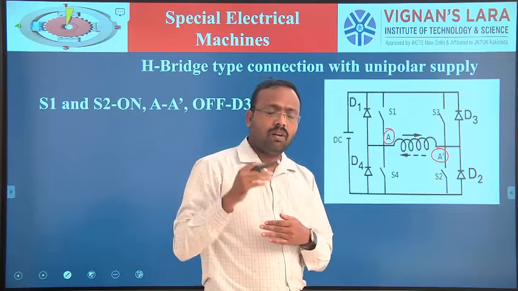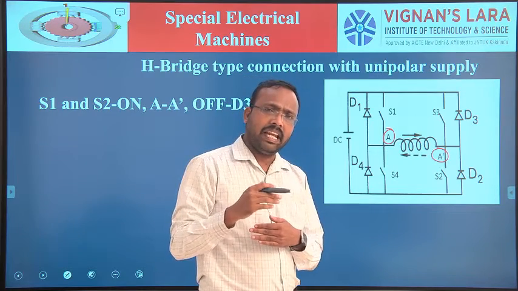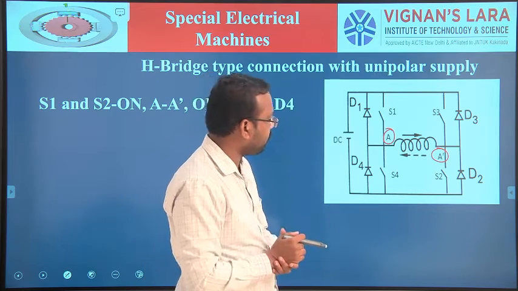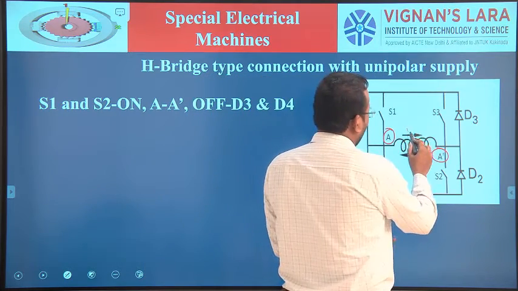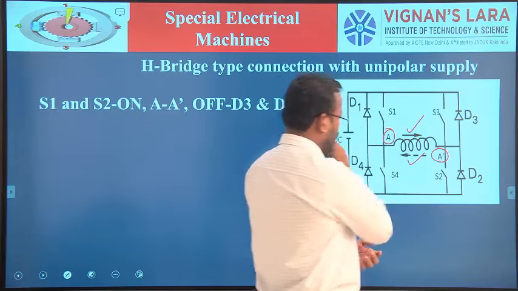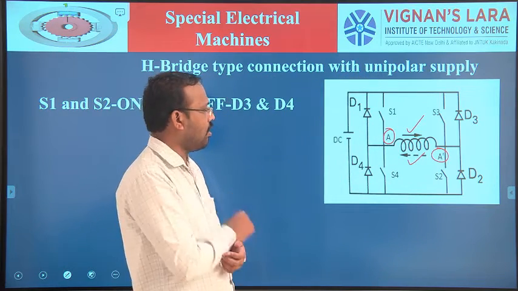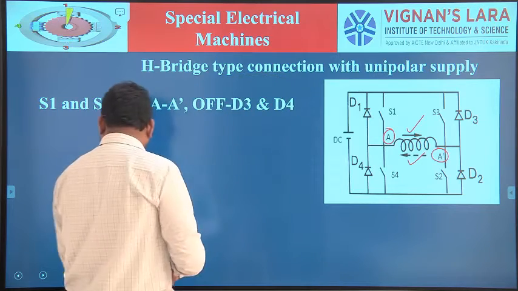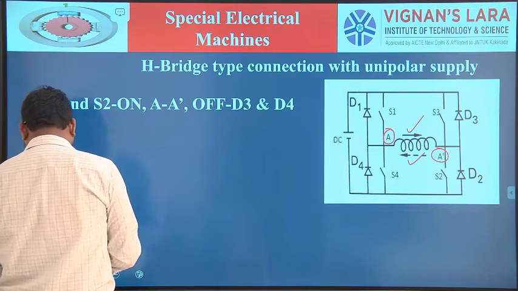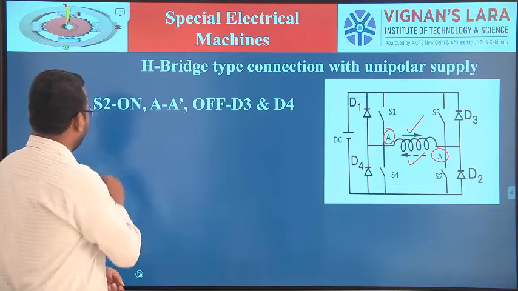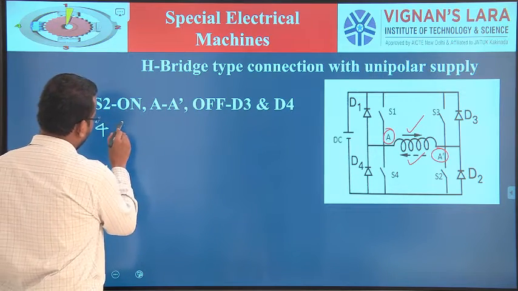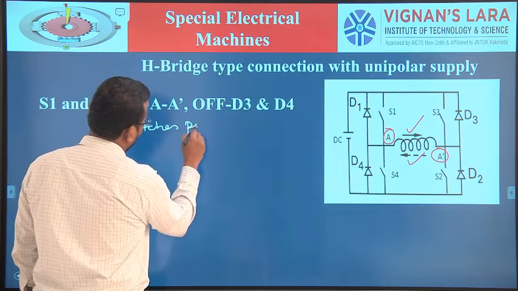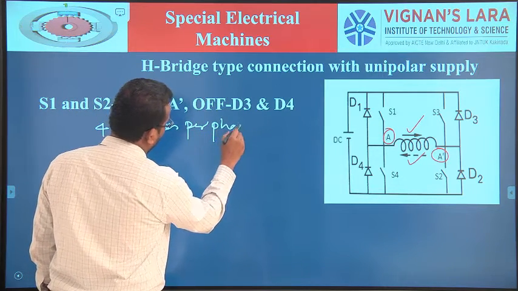This indicates the direction of current flow when the respective switches are turned on. This is the applied DC voltage. So in this case we need 4 switches for a phase.